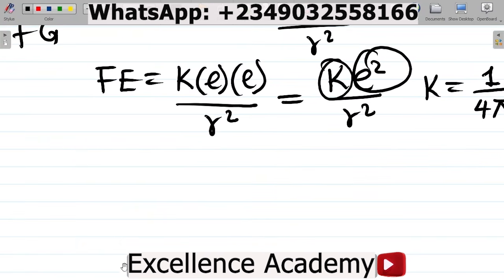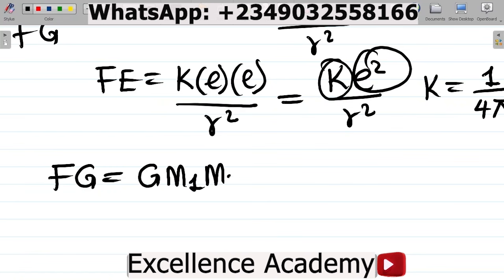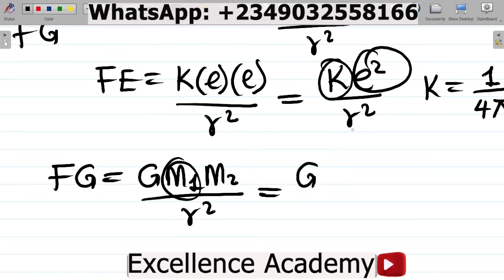Let's now get Fg. So Fg, which is gravitational force, is equal to, your formula there, G m1 m2 all over R squared. This is from Newton's law of universal gravitation. The value of m1, they said each of mass m.